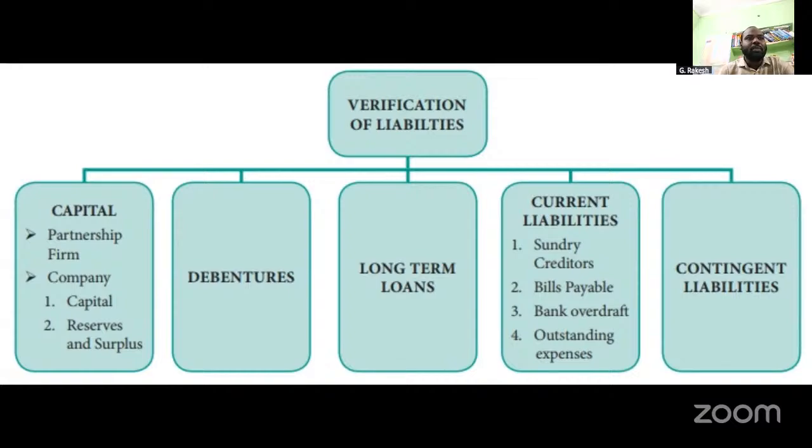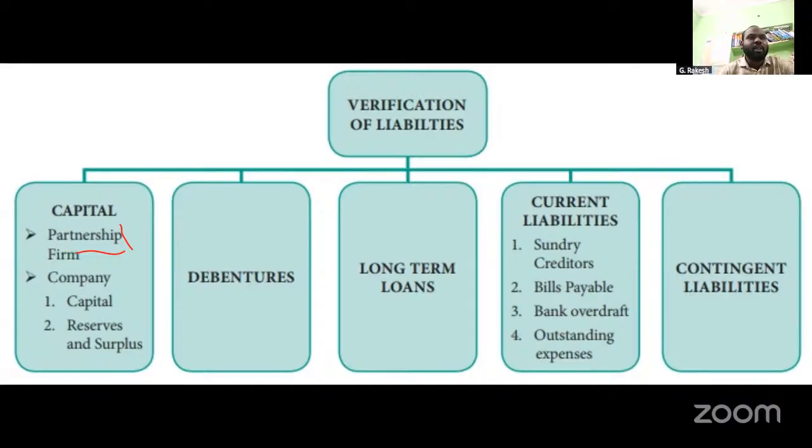What is the case of a partnership firm? The auditor should take into consideration many steps while verifying the capital in a partnership firm.